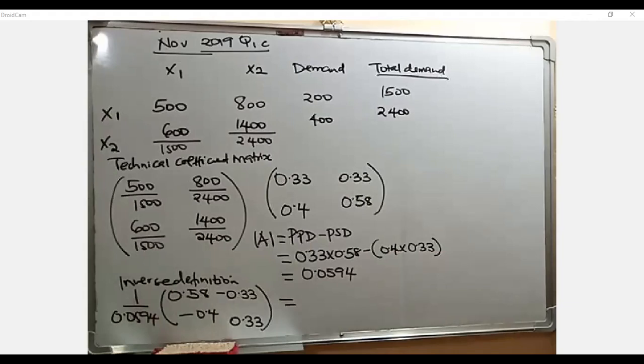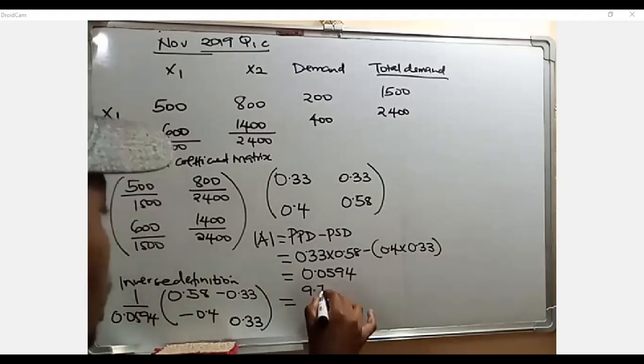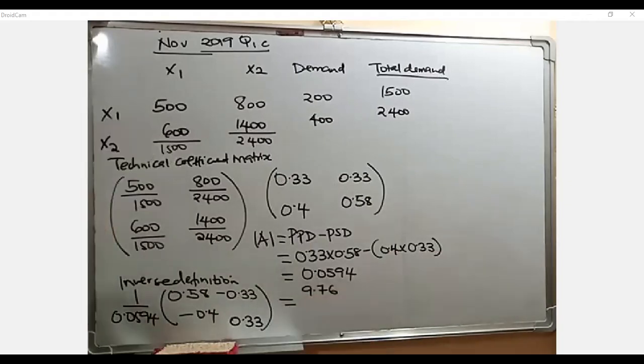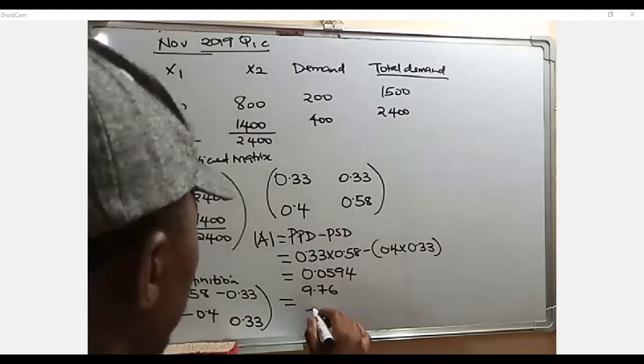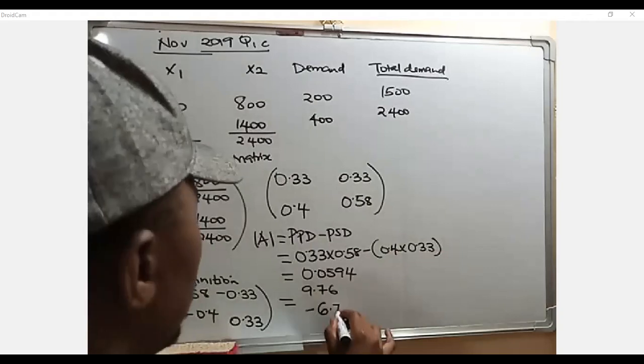So I just need to say 0.58 divided by 0.0594, and I'm getting 9.76. Then negative 0.4 divided by 0.0594, we are getting negative 6.73.